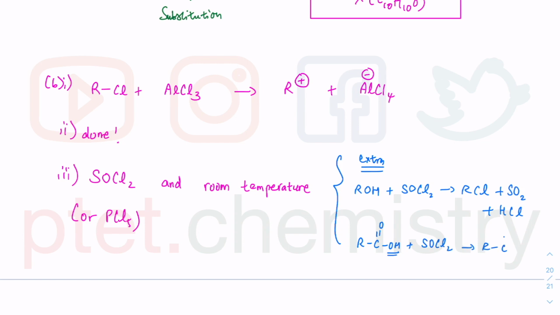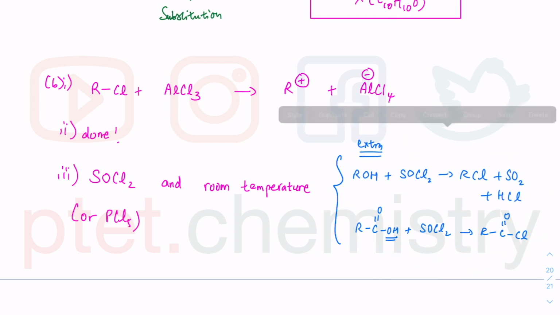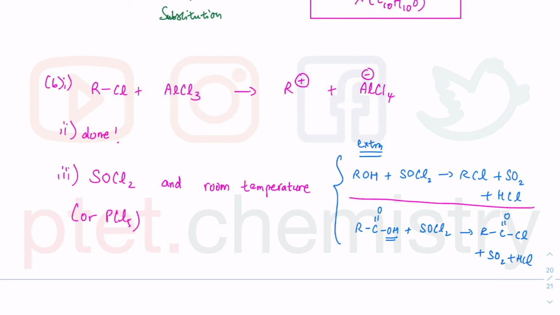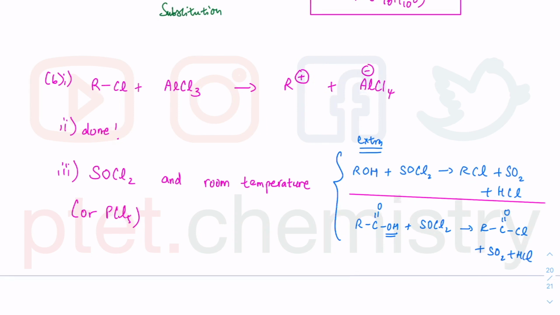Then you're going to get acyl chloride, which is RCOCl, and you will also kick out SO2 and HCl as well. So you see they are very, very similar. One thing you have learned in AS, and the other thing is A2, but in an A2 setting, they can ask you anything from AS in the A2 paper because it's within their right to.